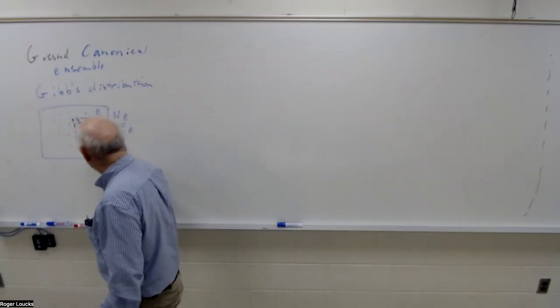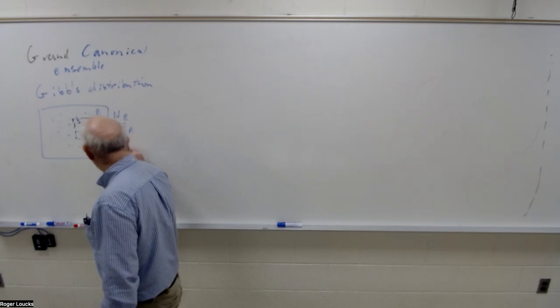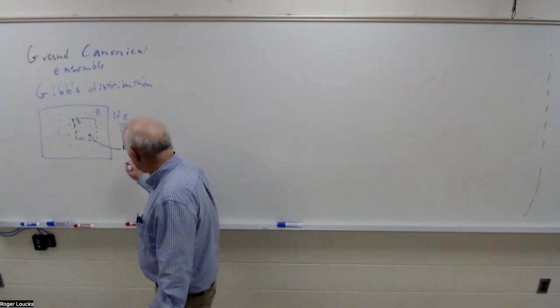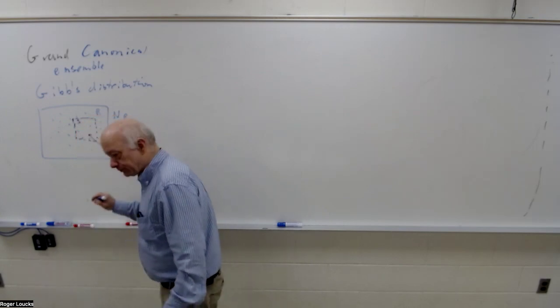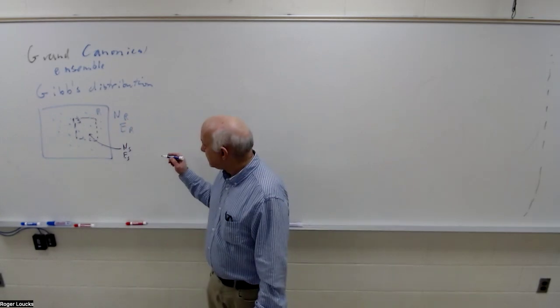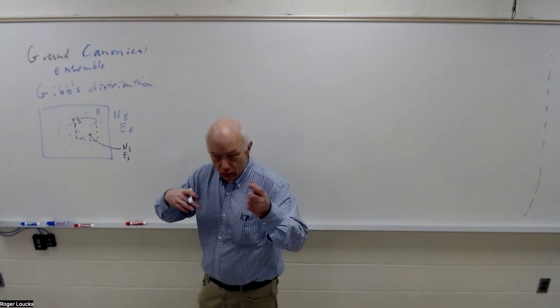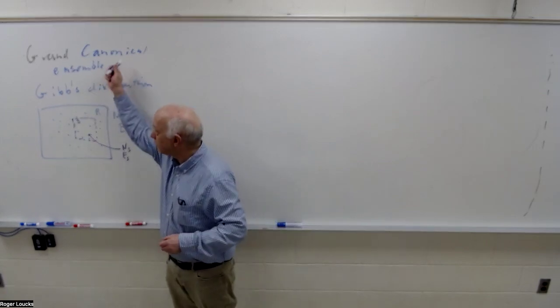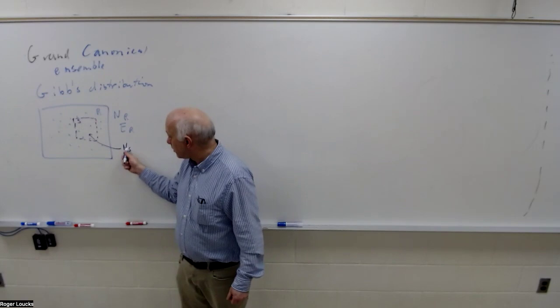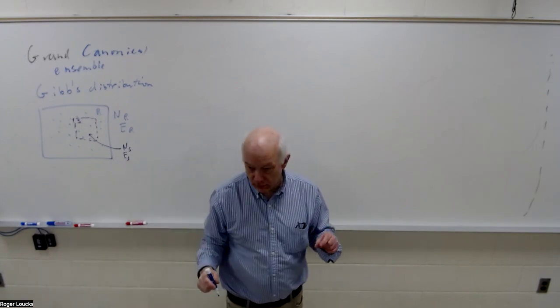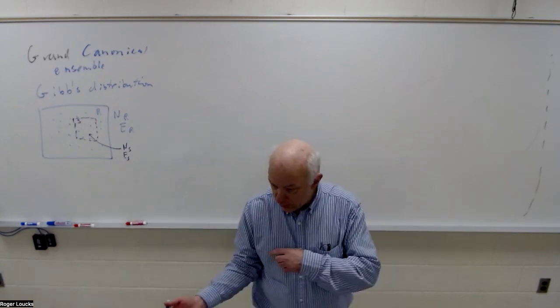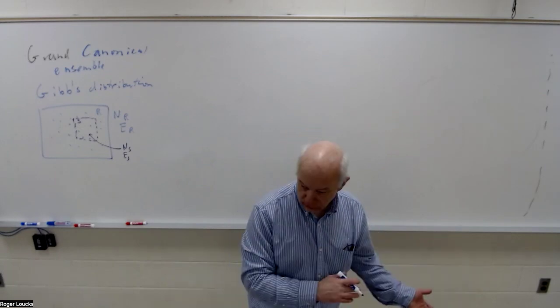The system has some number of particles N sub S and some energy E sub S. And the particles can go all around. So when we do this grand canonical ensemble, the particle number and the energy will fluctuate, because energy can go in and out, and particle number can go in and out as well.